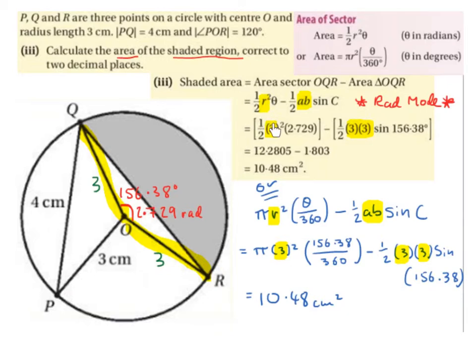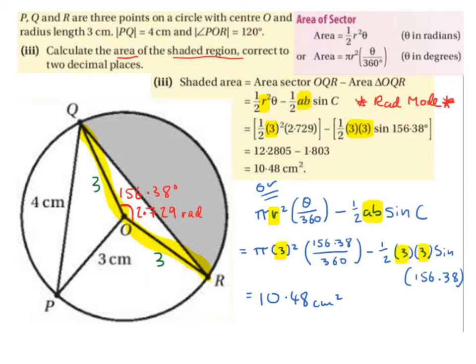It's going to be 1/2 times 3 squared times 2.729. And that's going to be minus 1/2 AB sine C. So the A is the radius 3. The B is the other radius 3. And then we have sine of C, so sine of the angle. So this time we're going to use the degrees, which is 156.38. So it's going to be 1/2 times 3 times 3 times sine of 156.38 degrees.